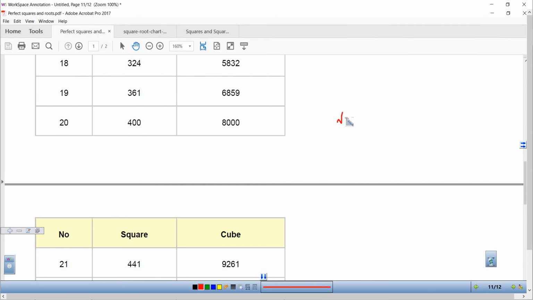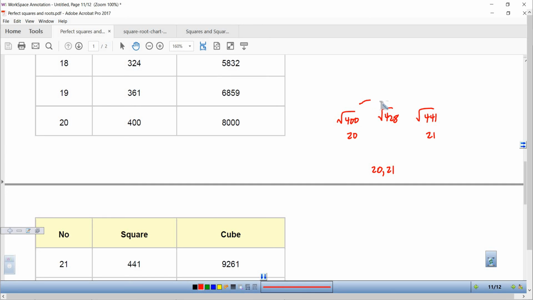So the square root of 400 would be 20, and the square root of 441 would be 21. So right in between here is 428. So I know it's between 20 and 21, and the question is, which one is it closer to?